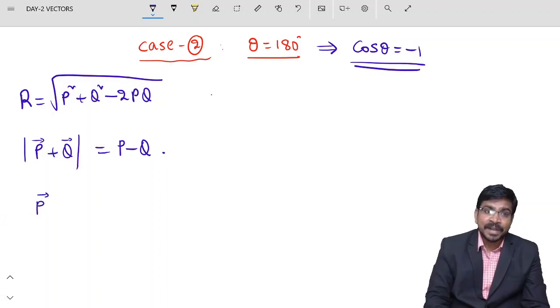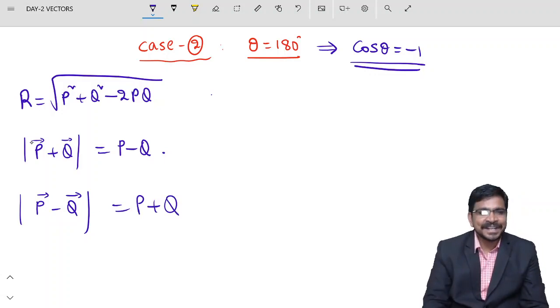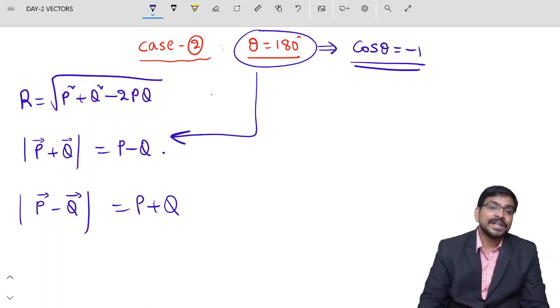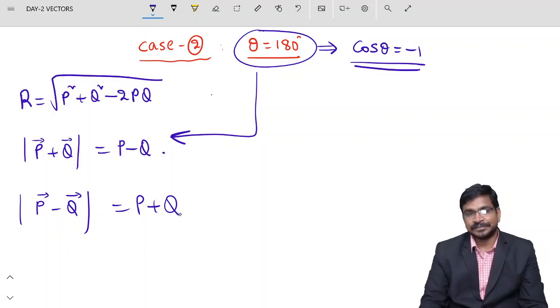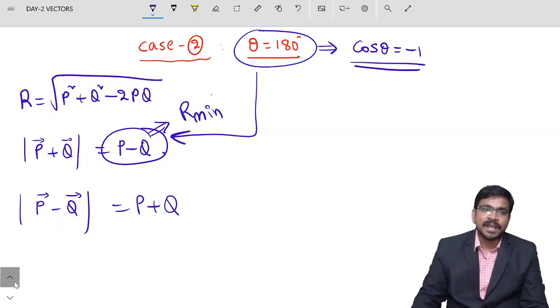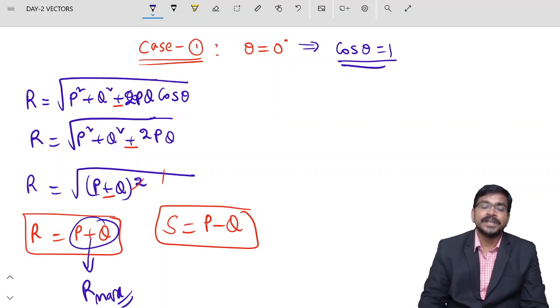But for subtraction, I will get P plus Q. For addition, if theta is 180 degrees, you should subtract them. For subtraction, if theta is 180 degrees, you should add them, right? And I can say this P minus Q is the R minimum, whereas in this case, P plus Q is the R maximum, right?